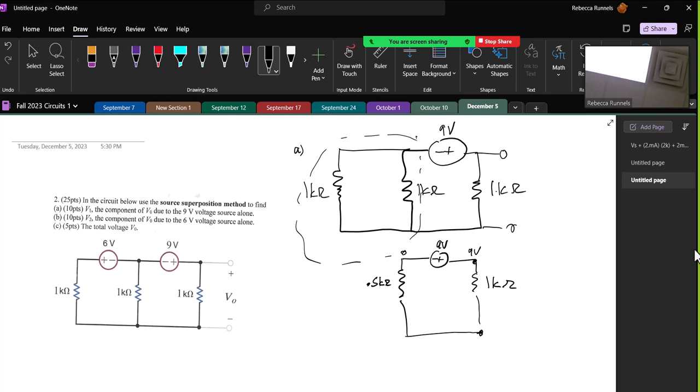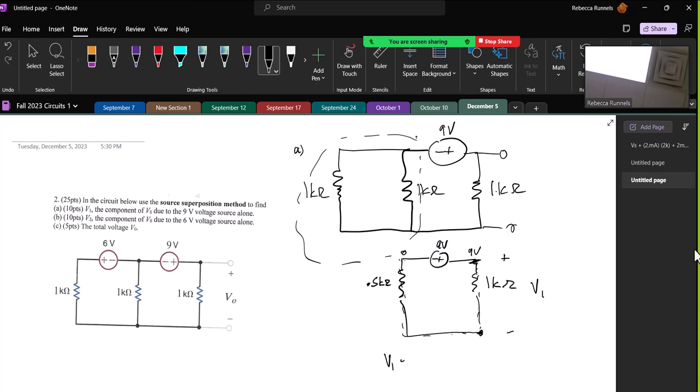The total voltage change going all the way around is 9, and it's going to be higher here and lower here. So if we're looking for V1 right here, this would be plus and this would be minus.